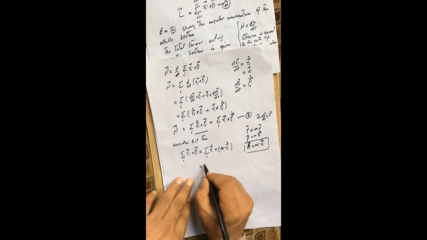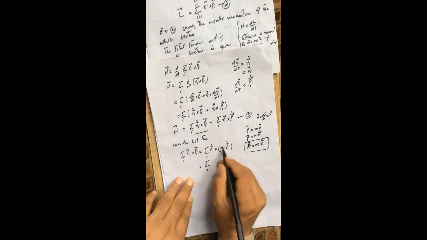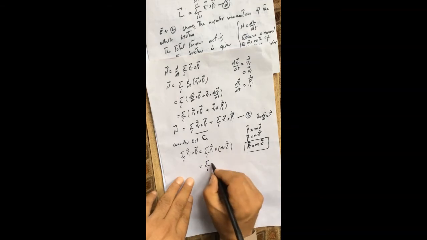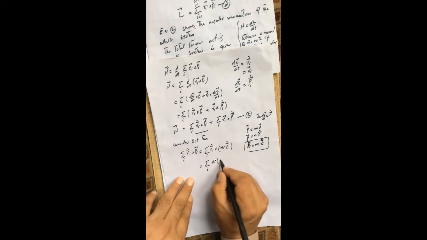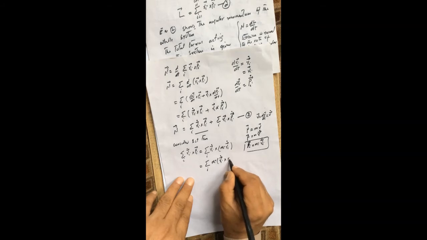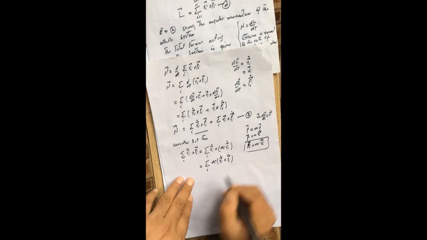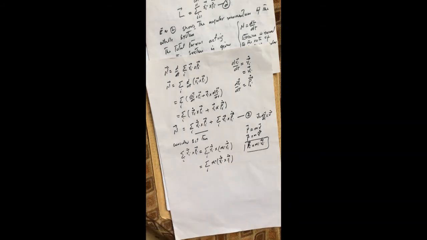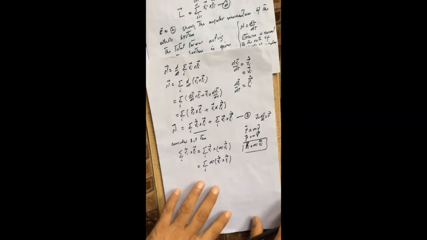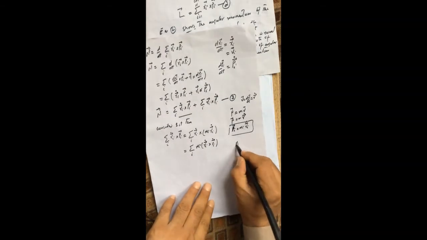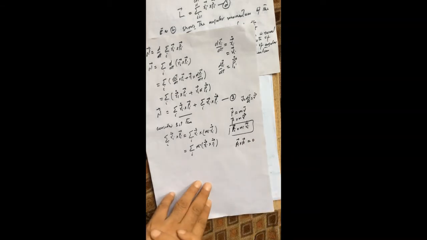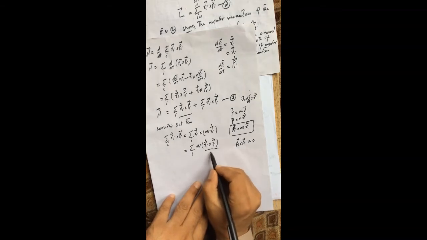So I bring this mass mi outside, and I am left with ri dot cross ri dot. We know that the cross product of a vector with itself, a cross a, always gives 0. So this term will give us 0.